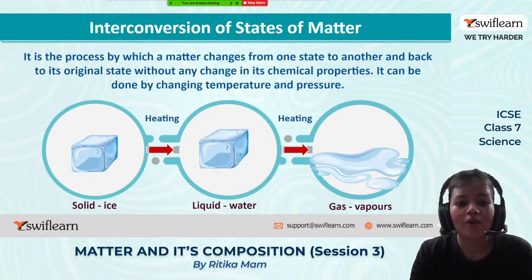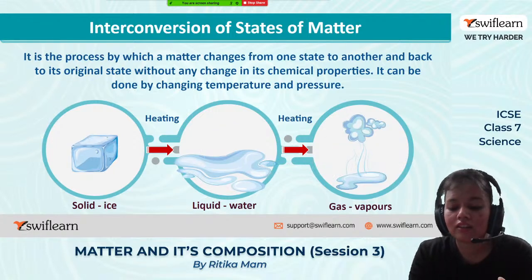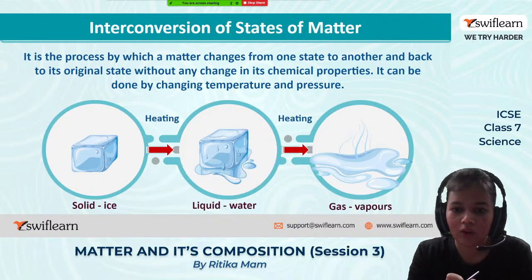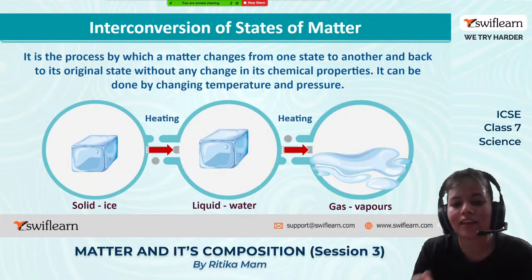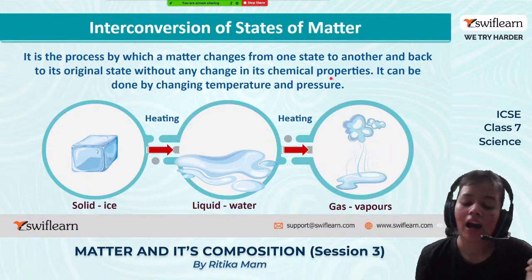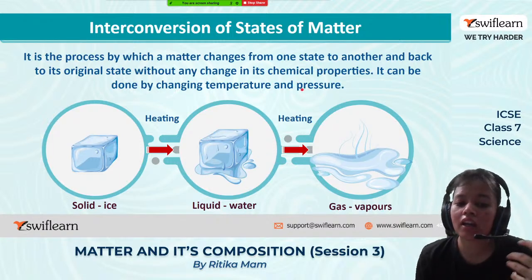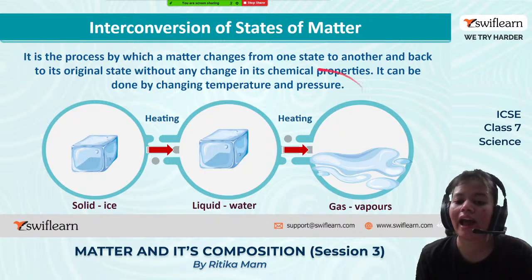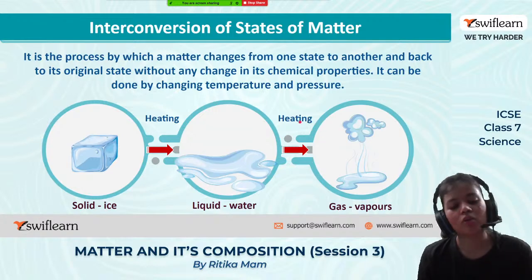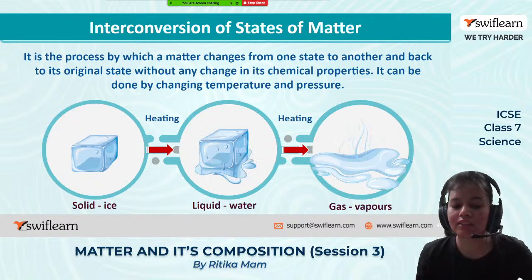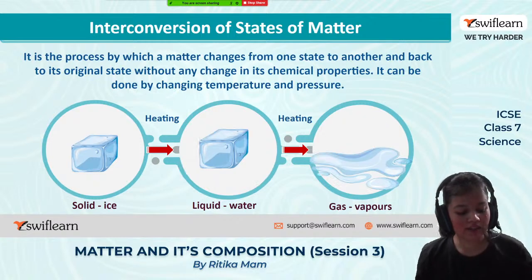They convert their form from one state to another, and there is no change in their chemical property. How does this change happen? It happens by bringing a change in temperature and pressure. Let's take the case of a solid, ice.